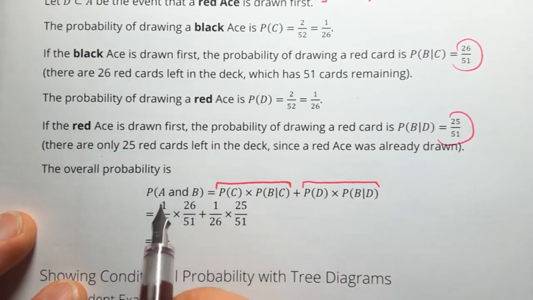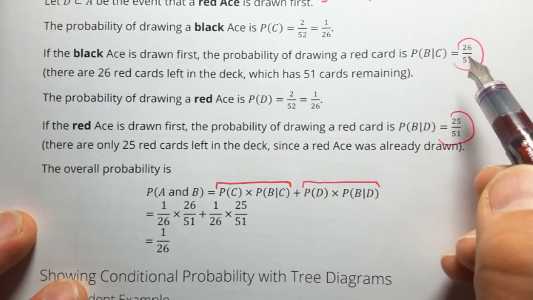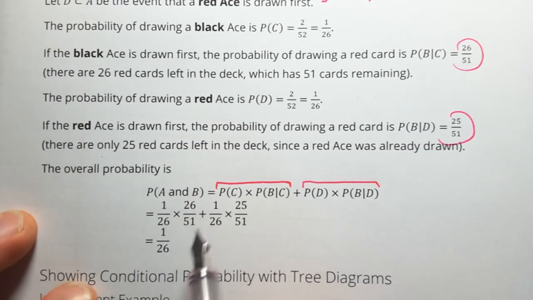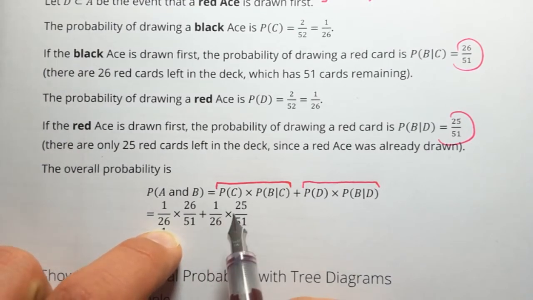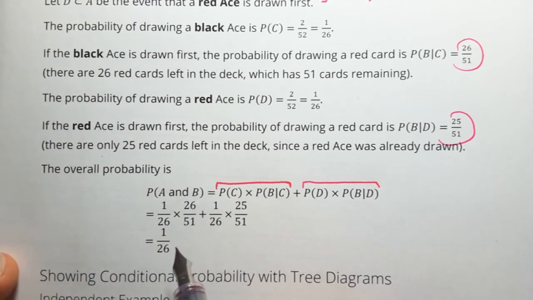The C one is here, 1 out of 26 times 26 out of 51. Those 26s will divide out and you get 1 out of 51 for this. Sorry, this is the final calculation down here. And then here we have 1 out of 26 times 25 out of 51. That's a terrible number. And then when you add them together, you get this sweet 1 out of 26 as the overall probability.